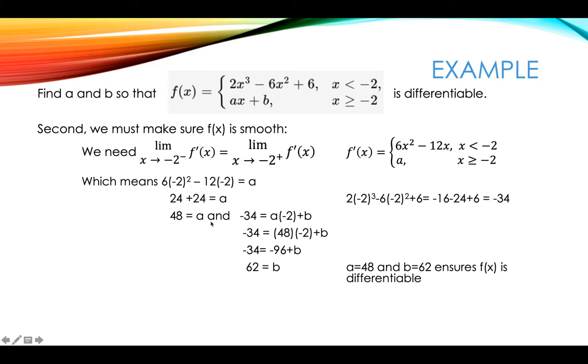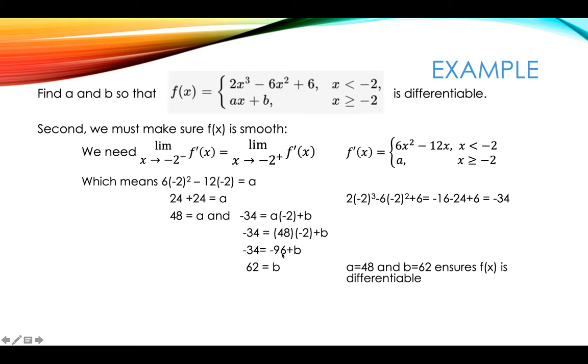We're going to go back and get that other value that we had. I remind you how we got it over here. We get -34, and -34 has to equal a times -2 plus b. And so -34 has to equal 48 times -2 plus b, because we know the value for a.